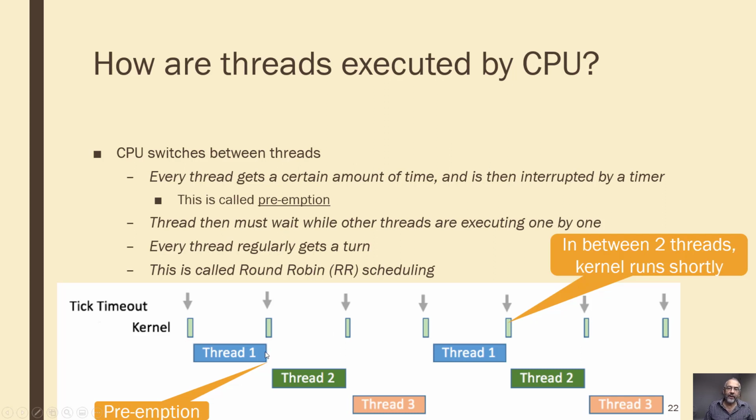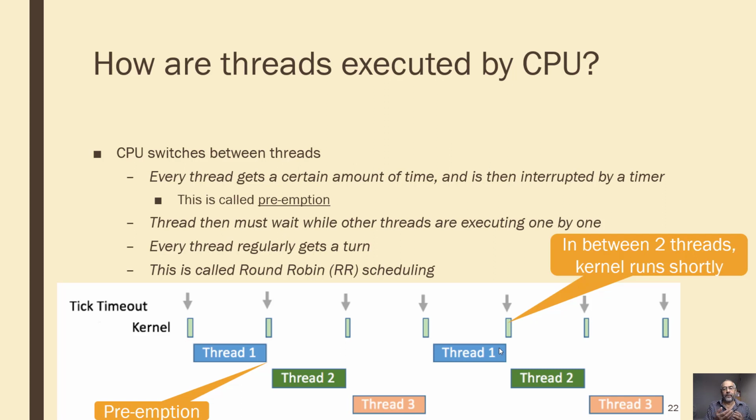And when thread 1 is preempted, then thread 2 can run for the same amount of time. So that's again 1 or a few milliseconds. And when thread 2 is then preempted, then thread 3 can run for the same time. And when thread 3 is done, we again could go back to thread 1 because we assume there are no more threads.